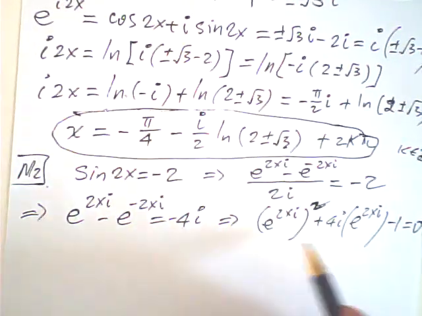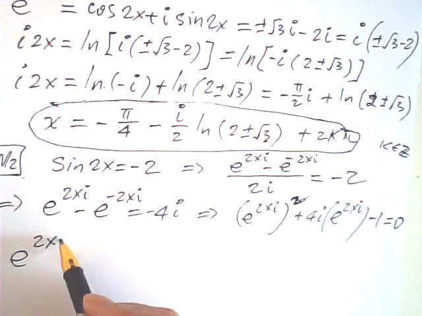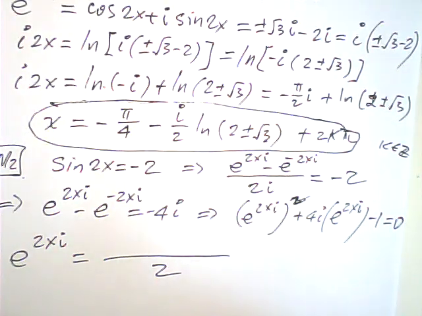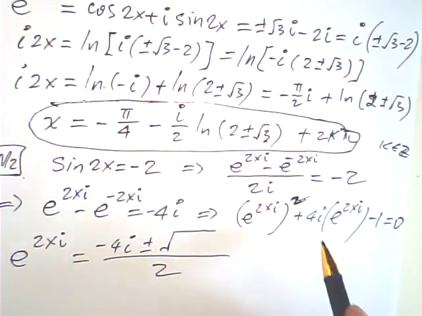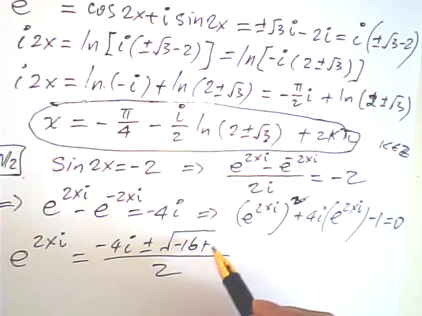So then by the quadratic formula we can find that e to the 2xi is equal to (negative 4i plus or minus the square root of b squared, which is negative 16, minus 4, which becomes plus 4) all over 2.